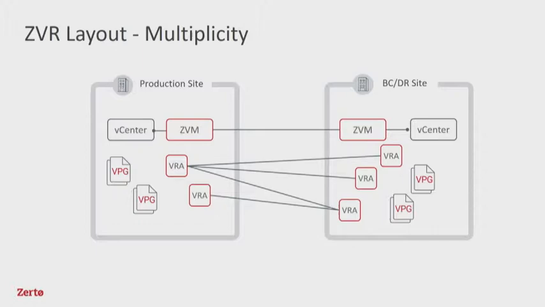So both ZVMs act both as the protecting and as the recovery site. So we see that this is a solution with this configuration and the multiplicity between the ZVM and the VRAs. It is a solution that is designed to scale out.